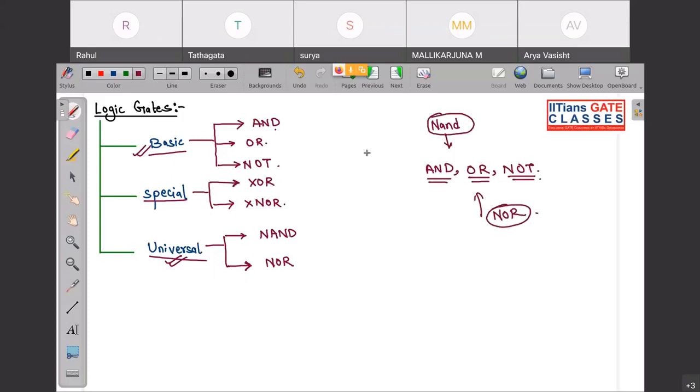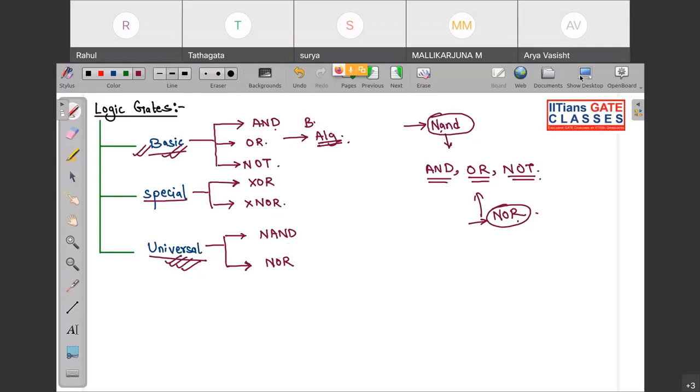I told you that with the help of these basic gates, I can construct any Boolean algebra, and by taking any one of either NAND or NOR, I can construct AND, OR and NOT. That is why this is known as a universal gate, because with only a single kind of gate we can get any kind of Boolean algebra.